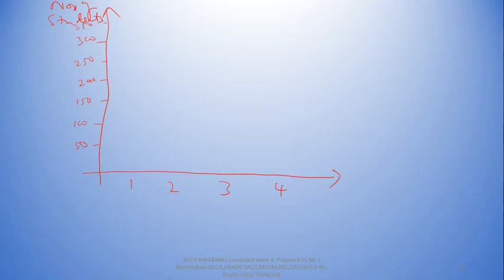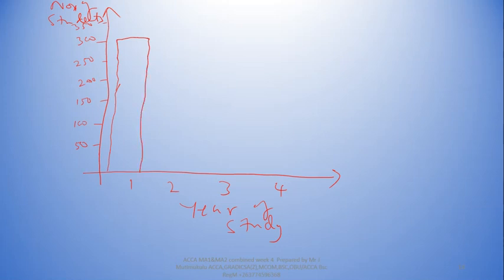Then it's easier now. This is the year of study. We can safely draw this by using a straight line, a ruler. This is 300. We go down.